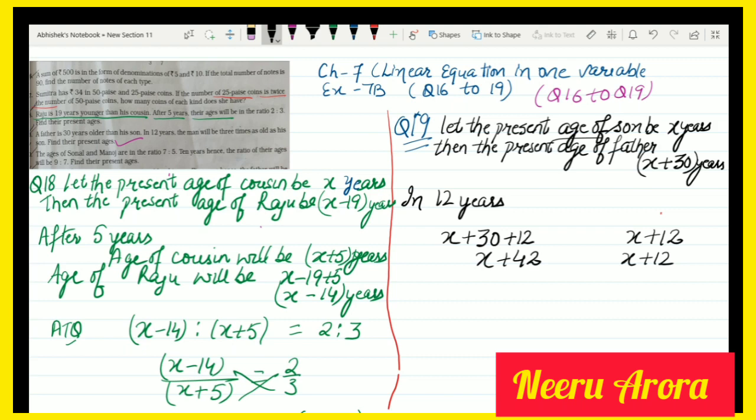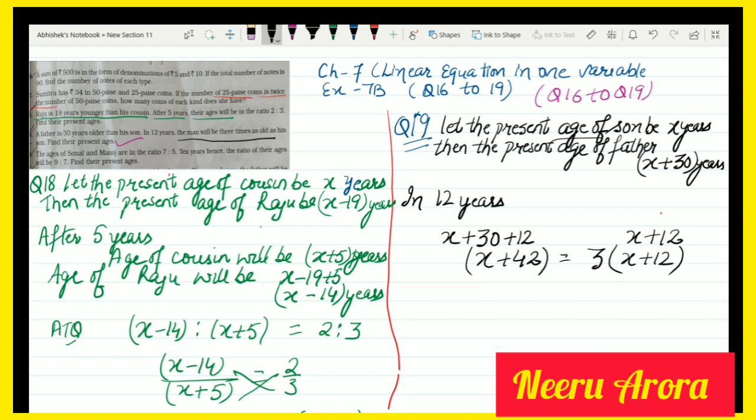But if I say the father is 3 times his son's age, now these are equal and I can put an equal sign: 42 is equal to 3 times 14. So I have applied the condition here. The same condition comes here: in 12 years, the man will be 3 times as old as his son. So here we will apply that condition.